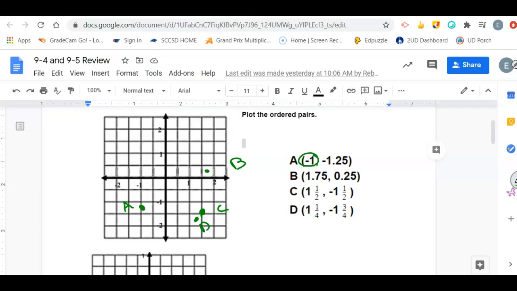You good? Okay, what I'd like for you to do now is I want you to reflect A and B across the x-axis, and I want you to reflect C and D across the y-axis.